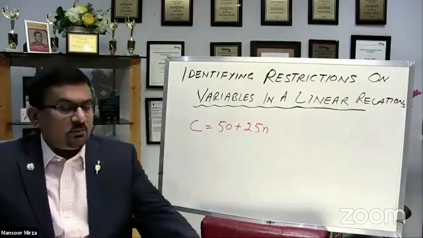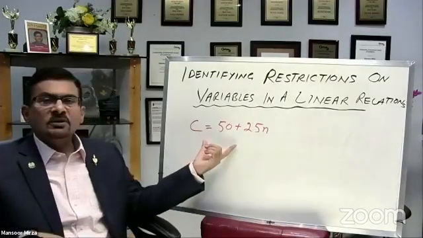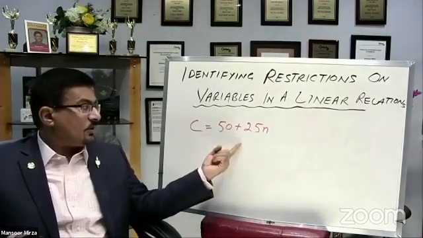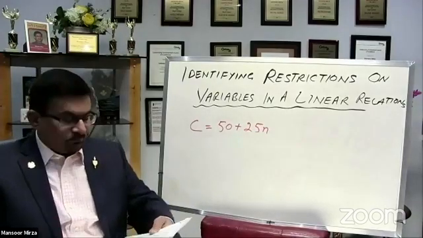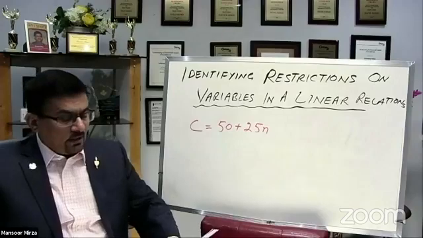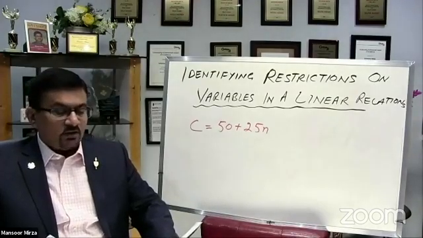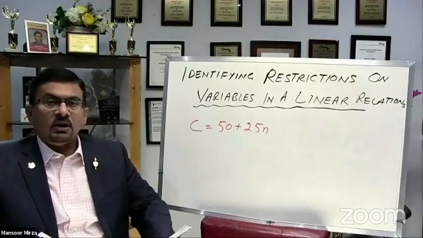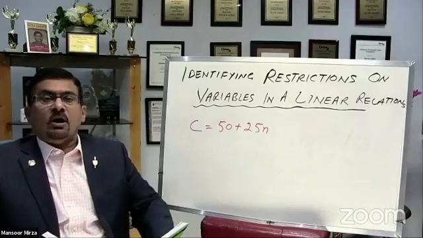So let me explain how this equation works. I have written this equation as C, which is the capacity of a hall, equal to 50 plus 25n, and I'll explain how this 50 plus 25n works. A linear relation based on a realistic situation often requires that restrictions be placed on the variables. This is because the possible values of the variables are not infinite, so that we won't get infinite values, which are beyond calculation.